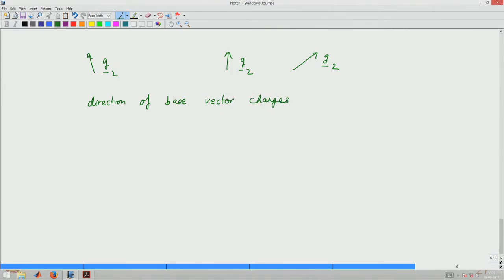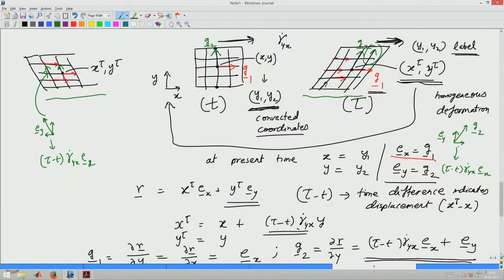The other thing to notice is also that the length of the base vector keeps on changing, because in this case the grid points are located on the same line, and therefore this distance is going to be very different compared to the distance between this point and this point. So, this is the distance that we had talked about earlier, and now there is a distance change. So, therefore, the length of this vector G2 is also changing.